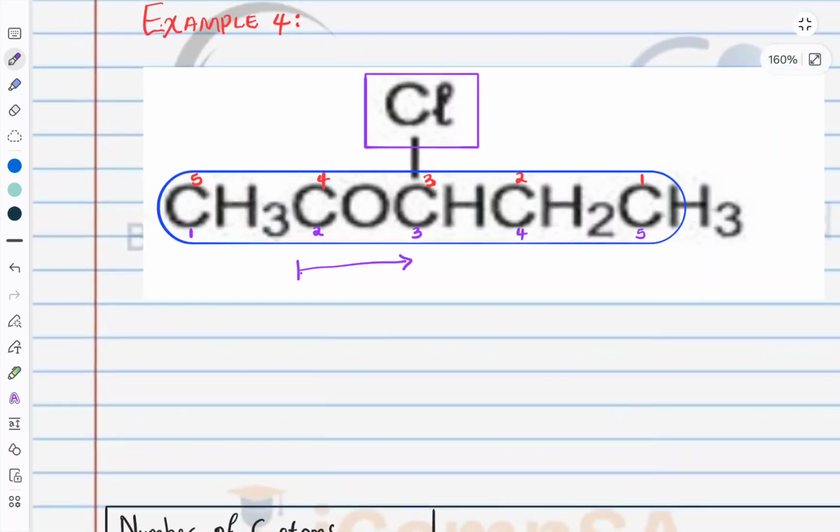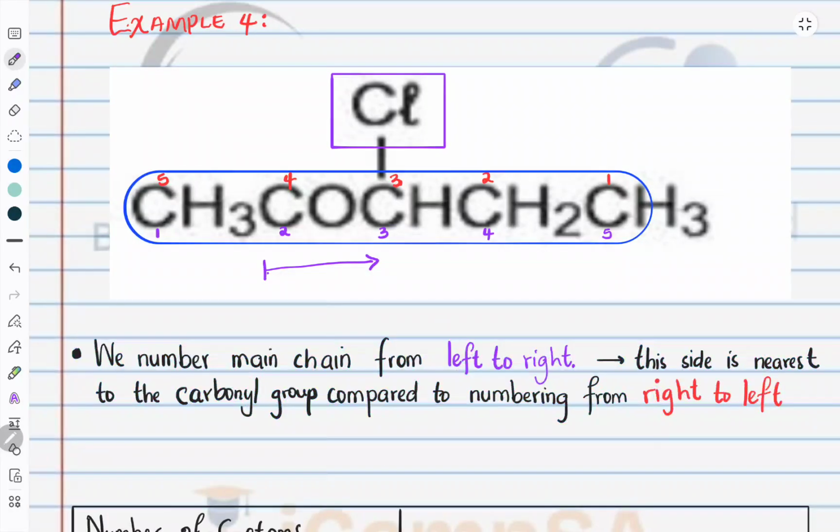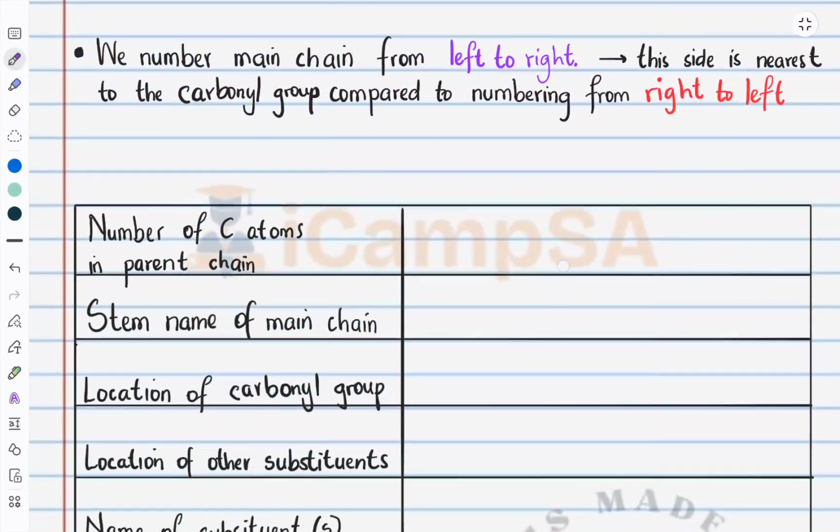So let's first mention where we are numbering from and why. Again, we are numbering from left to right. This side is nearest to the carbonyl group compared to numbering from right to left. In an exam, you will probably never be asked why you are numbering from left to right. They'll just check your IUPAC name and they will know whether you numbered from the correct side or not. Again, in your exam, you would never have to fill a table like this.